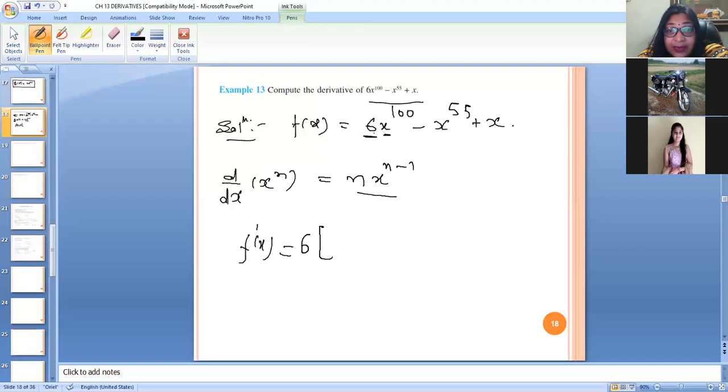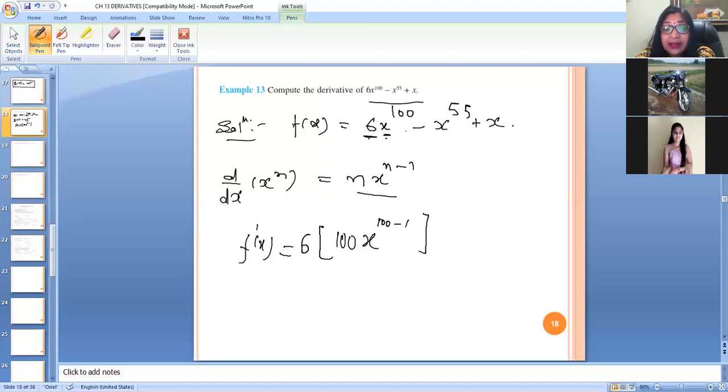If it were not 6 but a variable, then we would apply the product rule, but right now we will not be applying the product rule. We have 6 as a constant. Whenever x is multiplied with a constant, we take 6 outside and apply the derivative formula on x raised to power 100. So 100 times x raised to power 100 minus 1.